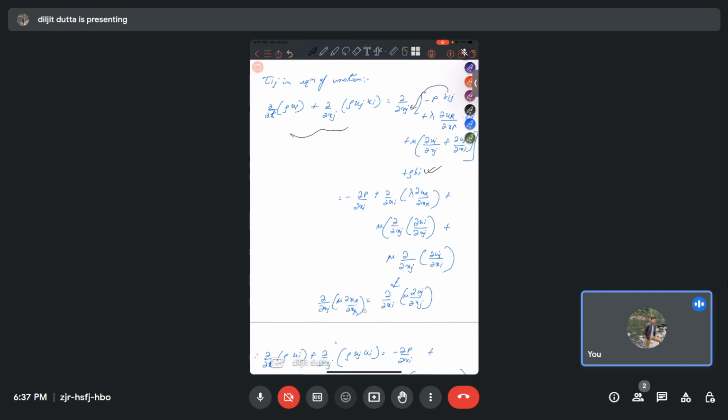This is the second term, and then the third and fourth terms. One is mu into del by del xj of del ui by del xj, and the next term is mu into del by del xj of del uj by del xi.